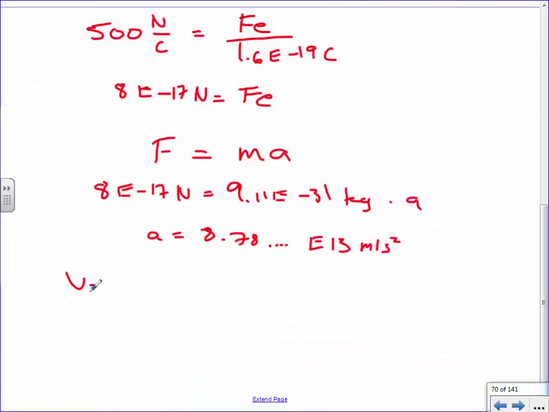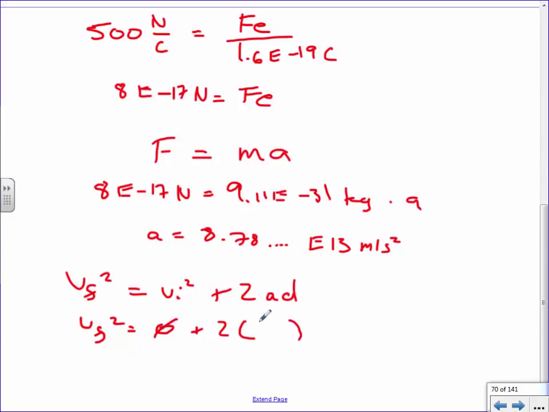So that formula is velocity final squared equals velocity initial squared plus 2ad. Velocity initial, 0. Your acceleration we just found, I'm just going to draw an arrow. And your distance is 0.04 meters. Don't forget to square root by the time you're done too.